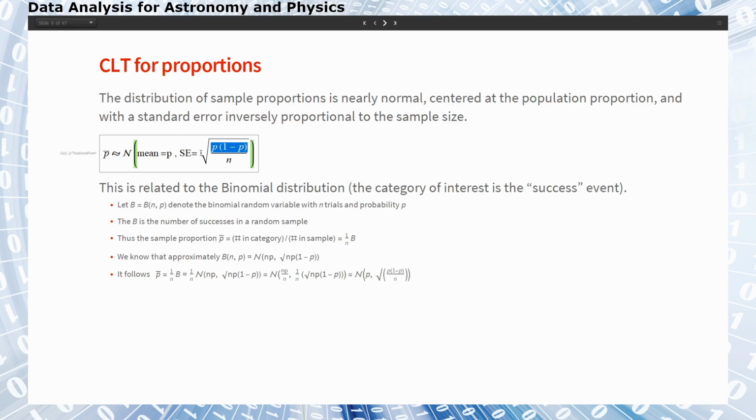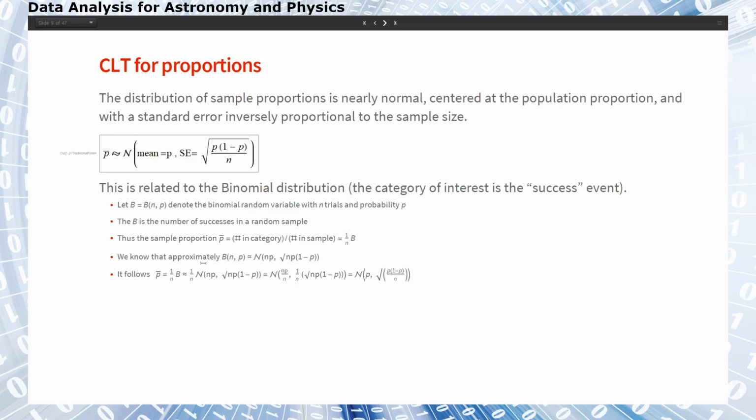We recall that the binomial distribution depends on two parameters, n, which is the number of trials, and p, the success probability, and then b is the number of successes in a random sample. So we can compute the sample proportion p bar as the number of successes divided by the sample size.